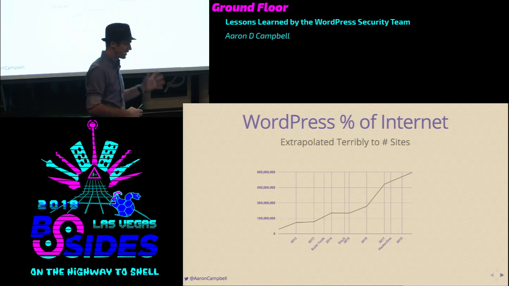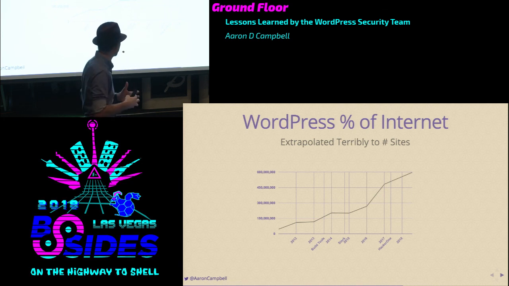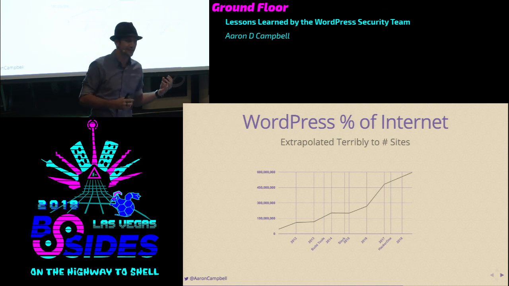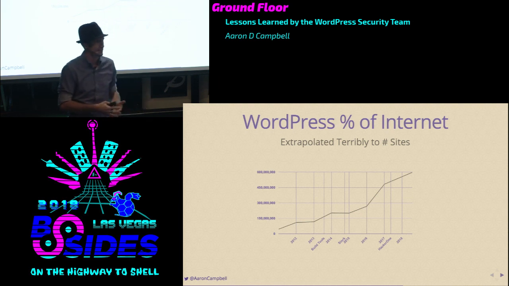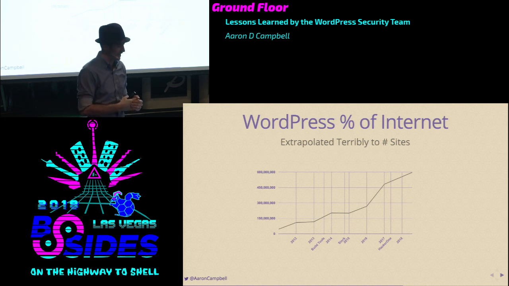And the years are labeled, and that's pretty obvious, but there's a few points where WordPress had to grow up a lot. And I labeled a few of them. In mid-2013 was when we finally got an actual build process for WordPress. It was a little behind the times when we finally rolled that out, but it was really hard to do.